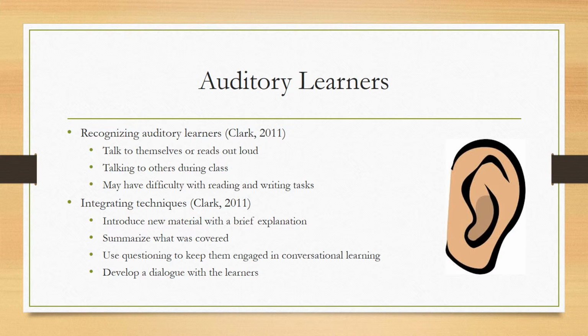Develop activities that will allow the students to make connections of what they have learned and how it applies to their situation, such as brainstorming or buzz groups. Develop an internal dialogue between yourself and the learners. Anything that has the student vocalize information will assist them in the learning process.